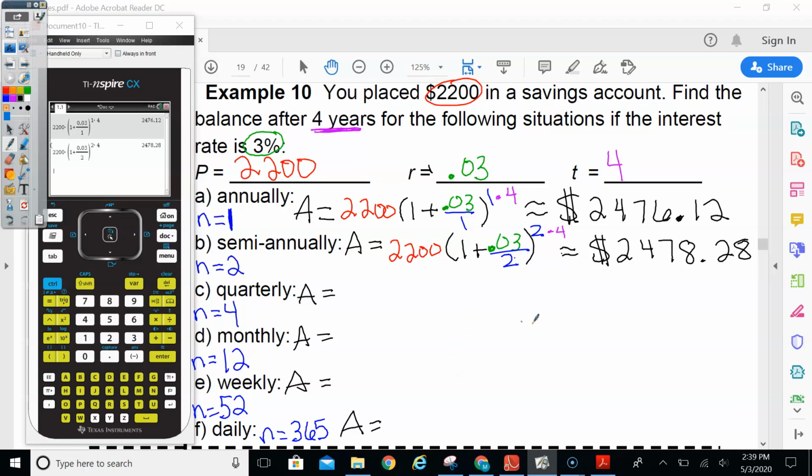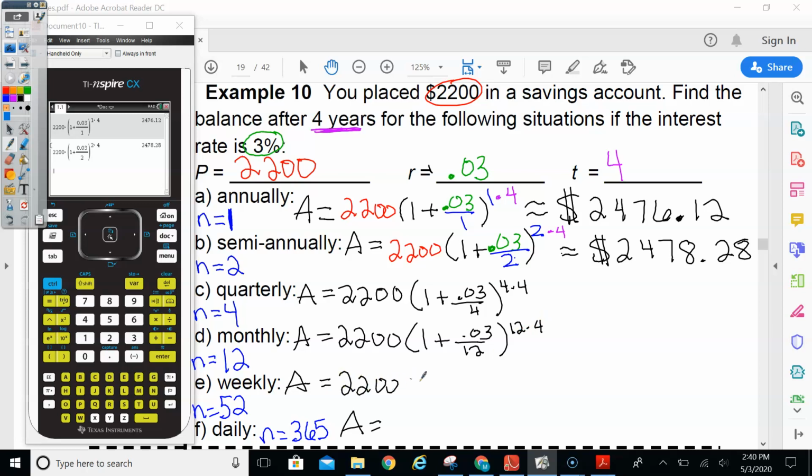Okay, so this one, I'm going to plug in 4s. So 2,200 times 1 plus 0.03 divided by 4 to the 4 times 4 power. This one, I'm going to plug in 12. 1 plus 0.03 divided by 12, because it's monthly. 12 times 4.